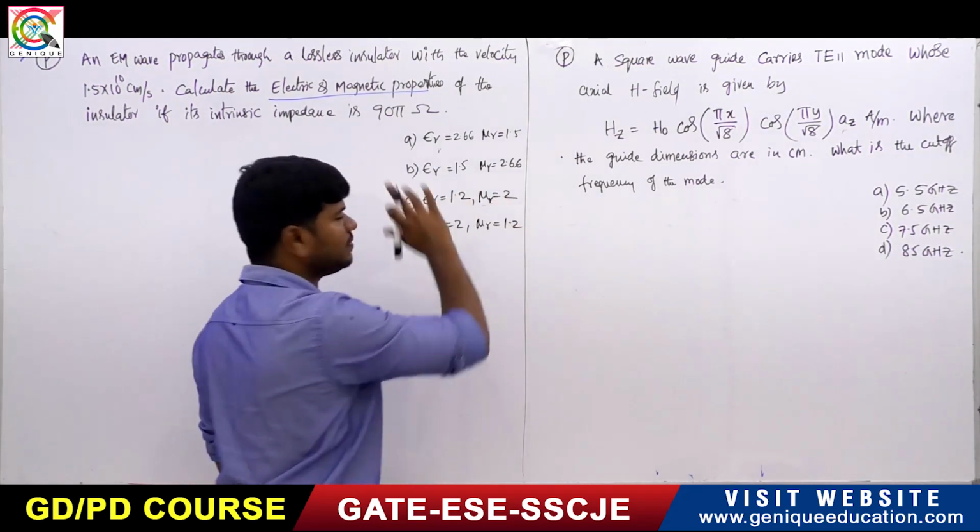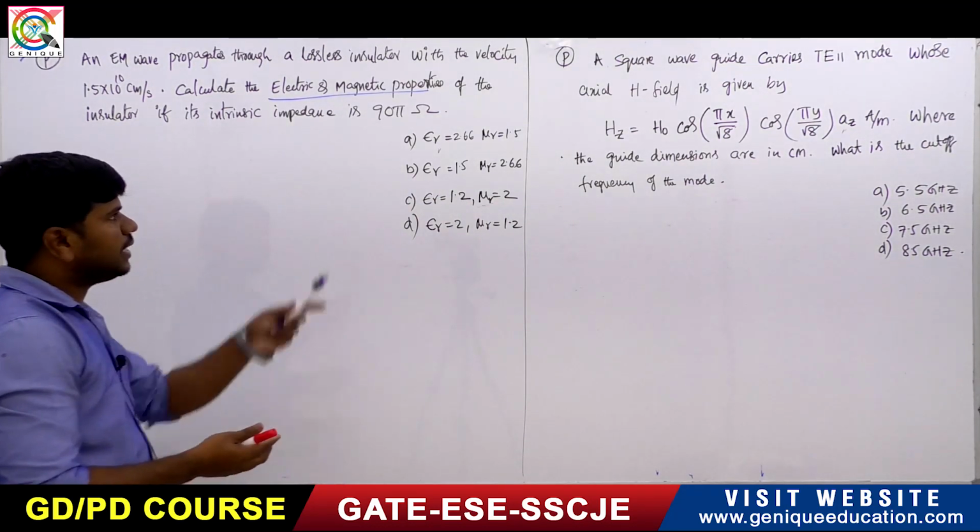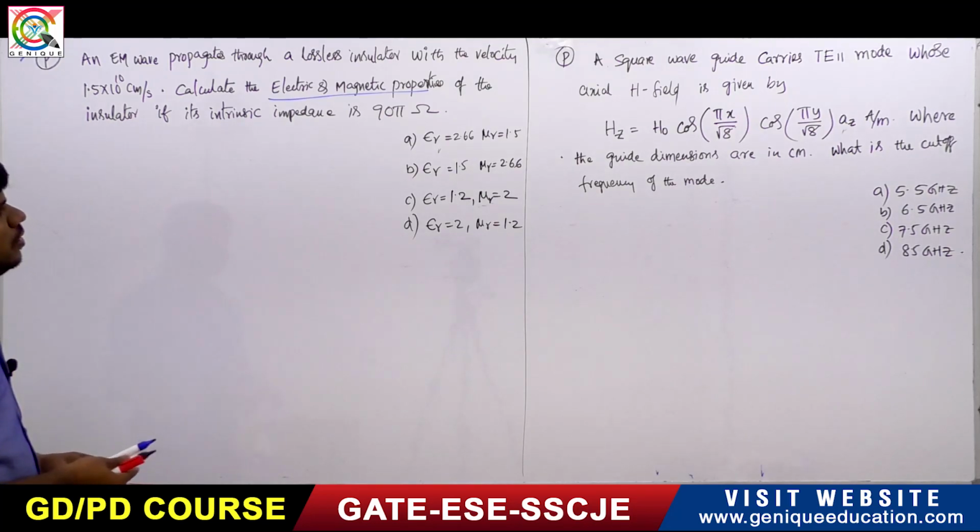So we have to find these values. Electrical and magnetic properties means we have to find the dielectric constant and the permeability, right?